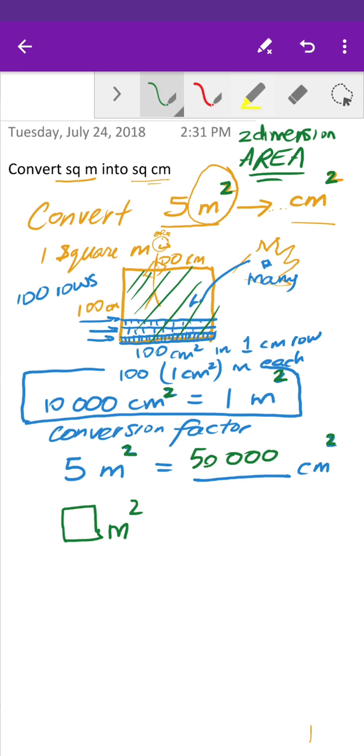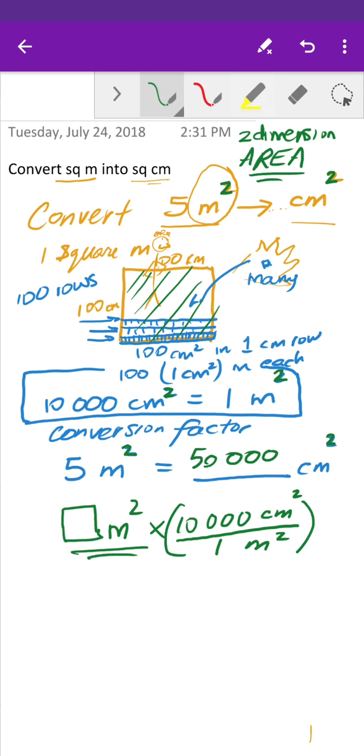So to convert, all you simply need to know is if you take the value in square meters and multiply it by 10,000, you will get the same number. But we're not in fact multiplying the area times 10,000. We're actually multiplying by what's called a fraction. There are 10,000 square centimeters per square meter. We're multiplying by this conversion factor. Because they're equal, we can put one number on top and one number underneath.